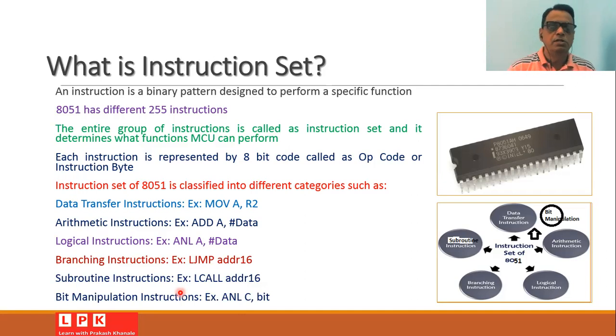The bit manipulation instructions can be used with bits. For example, we can have instructions such as ANL C, bit. So these are the different types of instructions that are available with the microcontroller 8051.